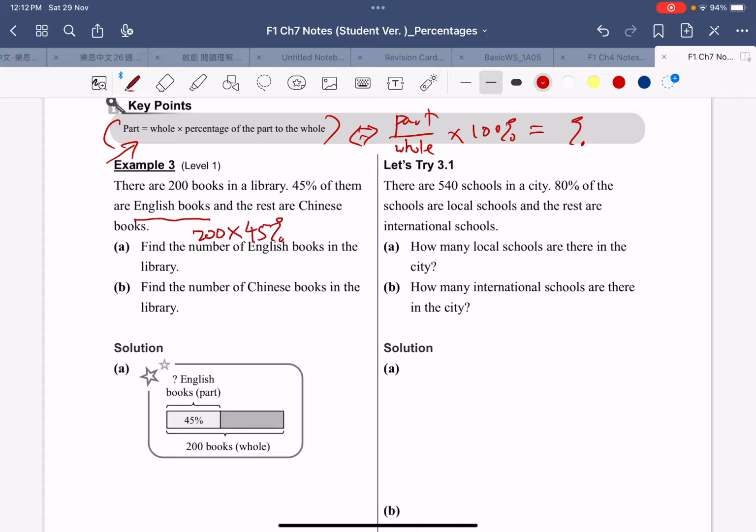The number of English books is equal to 90. Just write rough words here. And for Chinese books, we can subtract 90 from 200, okay? So the rest are Chinese books, which is 90 subtracted from 200, giving you the number of Chinese books to be 110.